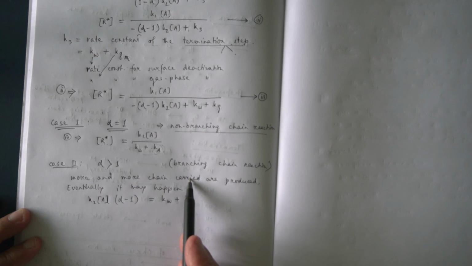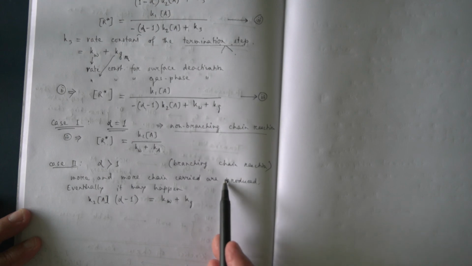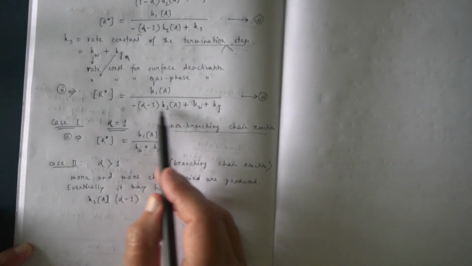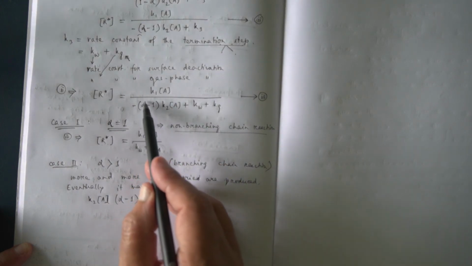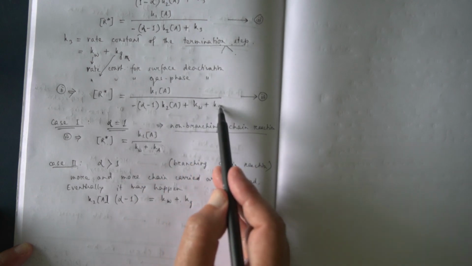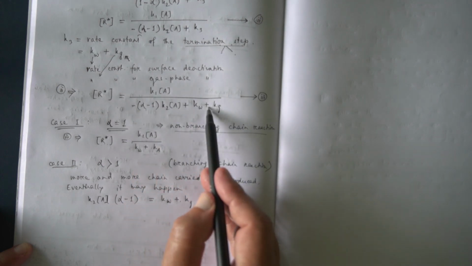Okay, that means when alpha is greater than 1, production of chain carriers will be high. So more and more chain carriers are produced, and in the long run it may happen that this is equal to this. Now when this is equal to this, this is negative, so minus this plus this becomes 0.